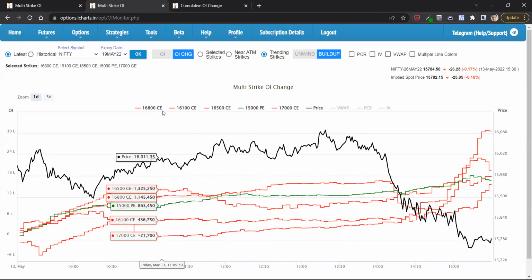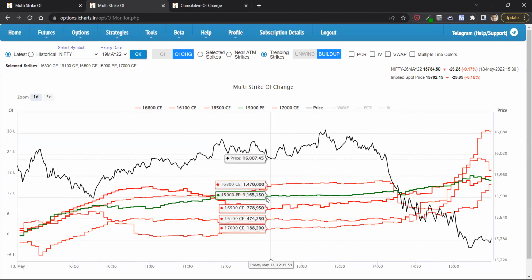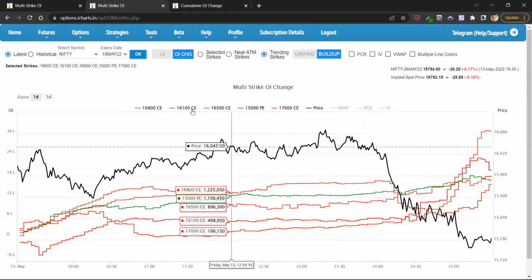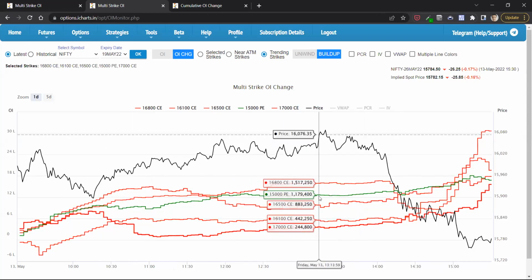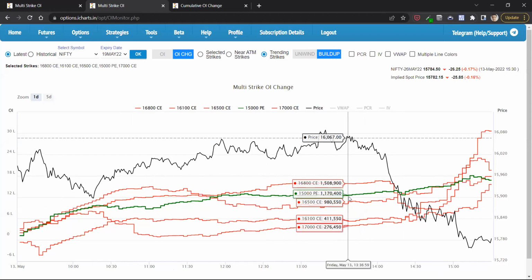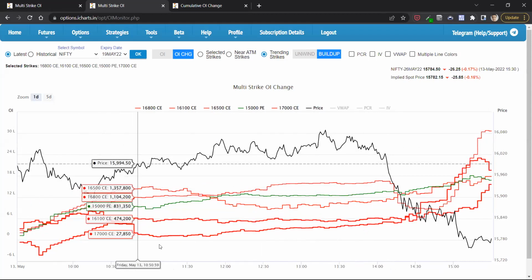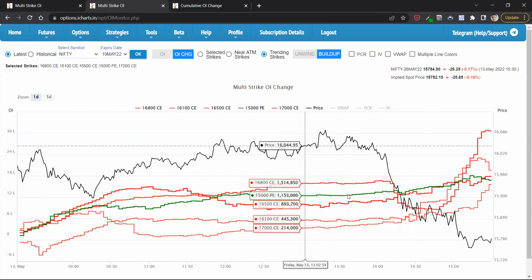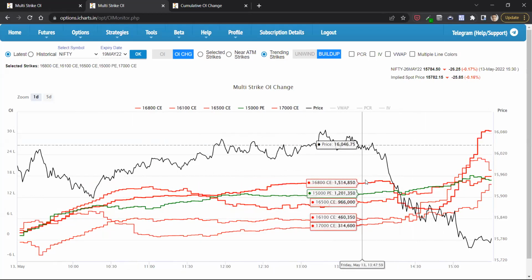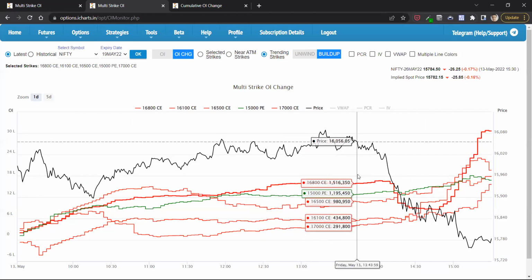If you have selected green for calls, then it will be all green over here and one red will be there. So make note of that. At the moment, 4 lines are call in the trending strikes. 4 call lines are there. Only one put line is there. So this gives you a quick indication that things are mostly bearish.